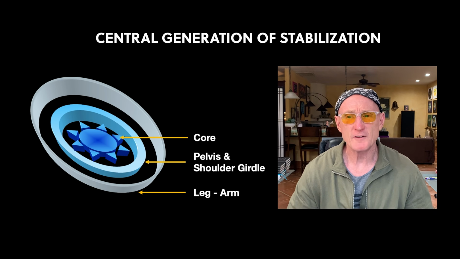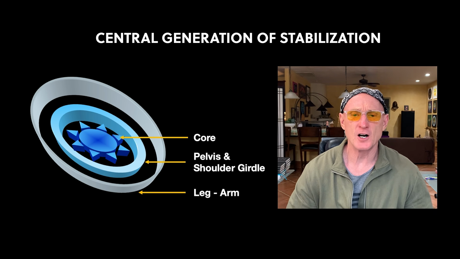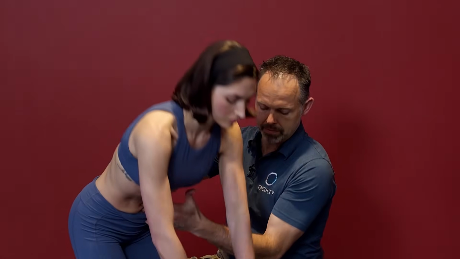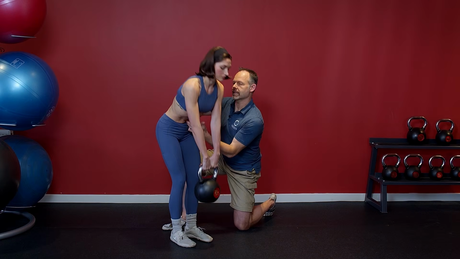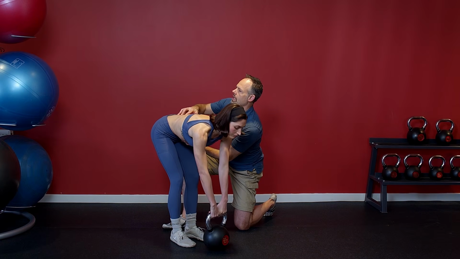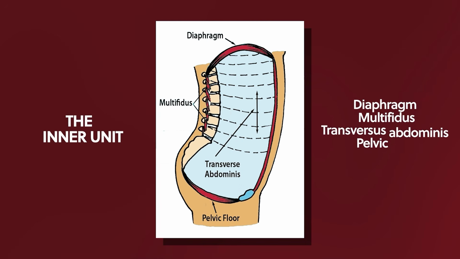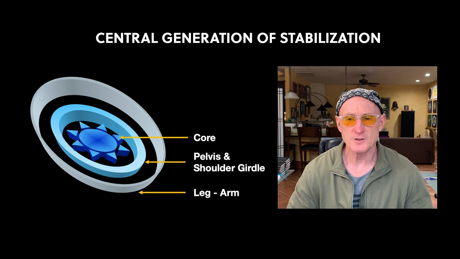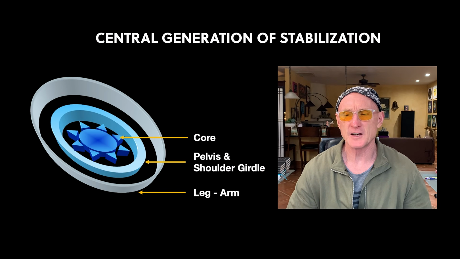So whenever you turn your stabilizers on, such as when you bend over to pick something off the floor, there's going to be a wave from the transverse abdominis, pelvic floor, deep stabilizers and diaphragm, progressively out to the hip and shoulder girdle, down to the leg and arm. And this happens very quickly, within milliseconds.